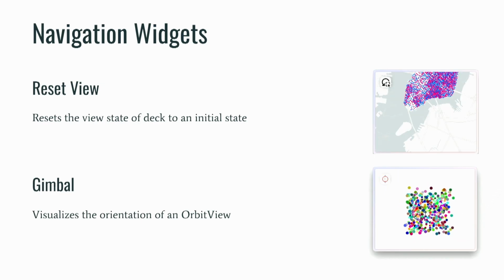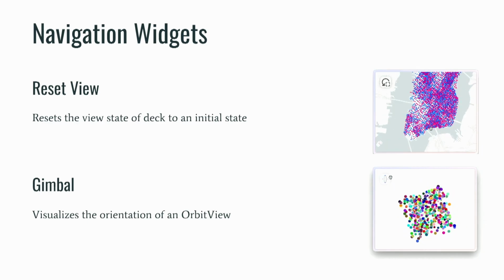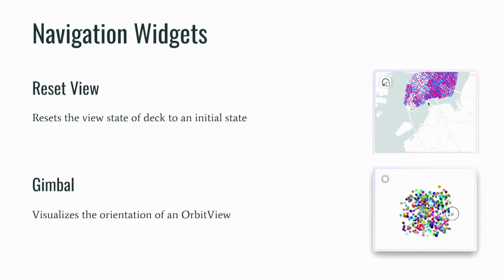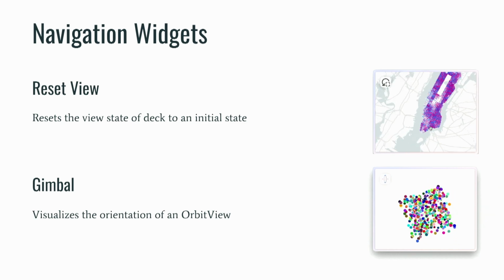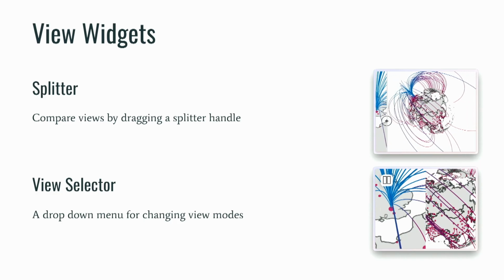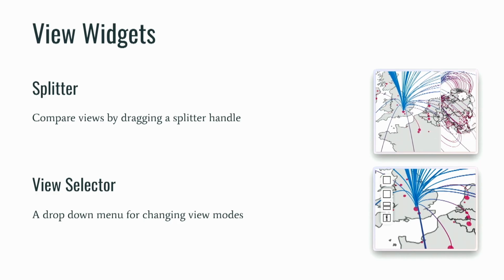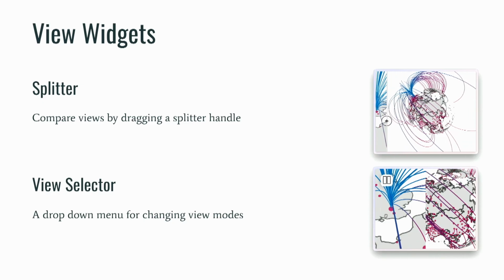So just a quick spin through some of the widgets that we have. There's one that you can use to reset the view. One which is useful for these non-geospatial use cases, this gimbal that shows you what your current orientation is in your data so you don't get lost. Probably my favorite is the splitter widget, which lets you render two views at the same time and resize them.